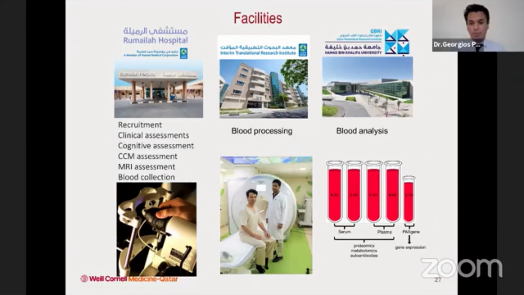And for the analysis of the bloods, you need to process them within half an hour of extraction before you do the analysis. You only have a window of half an hour, so we don't have enough time to take the bloods from Rumeila to QBRI. So what we've done, we collaborate with ITRI, which is very close to Rumeila, and allows us time to take the bloods there for them to process, and another day to take the processed bloods to QBRI for the analysis.